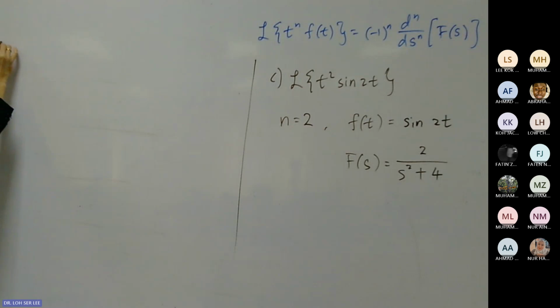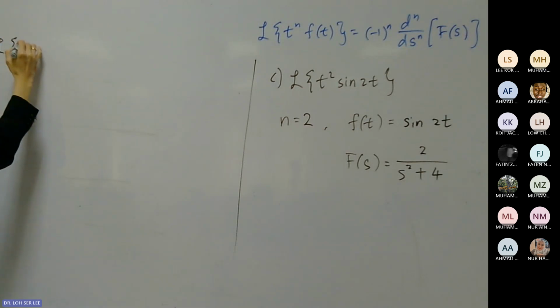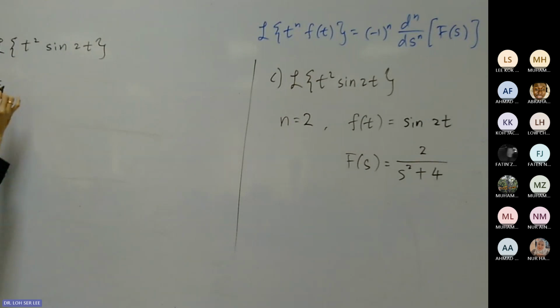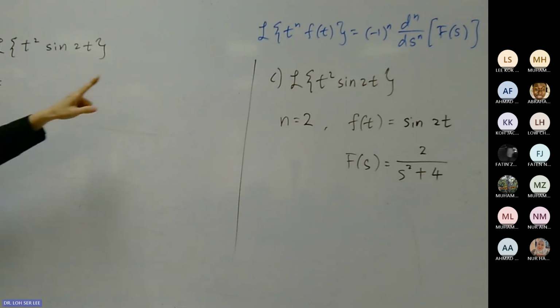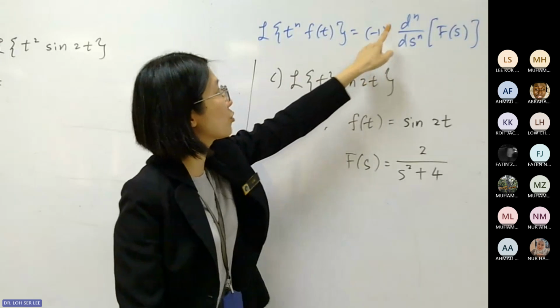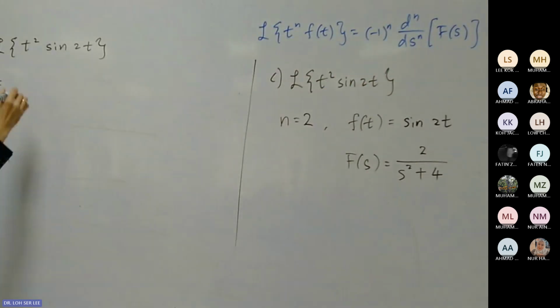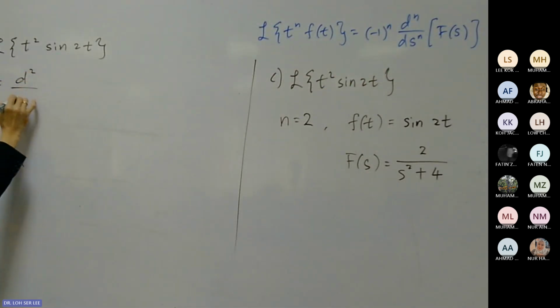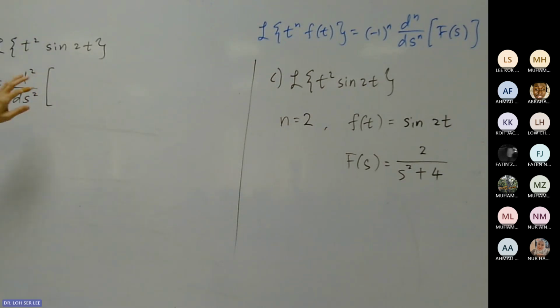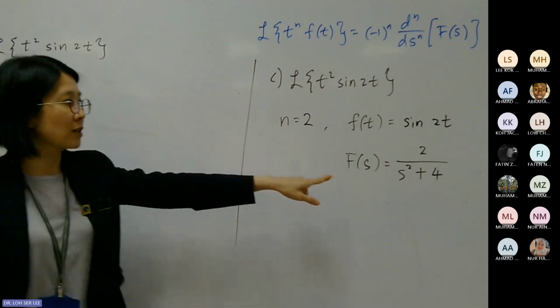Okay, so now Laplace of t squared sine 2t is, -1 squared, we get a plus, so no negative sign. When this is 2, -1 squared is positive. Then we have d squared over ds squared, and we need to differentiate this function.